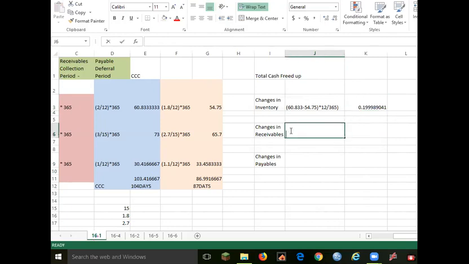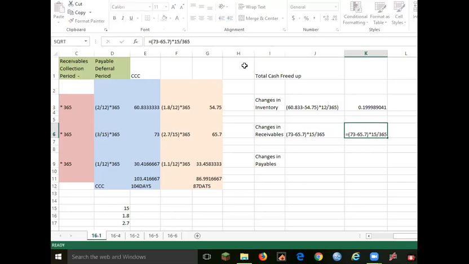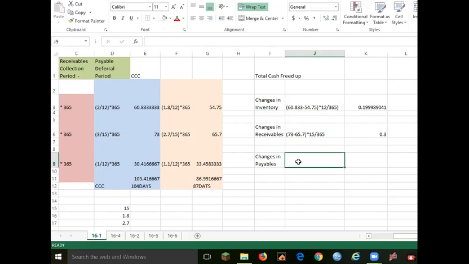Again, we take receivables before changes, which is 73 days, subtract 65.7 days, and then multiply by sales per day. So we are getting total cash freed up.